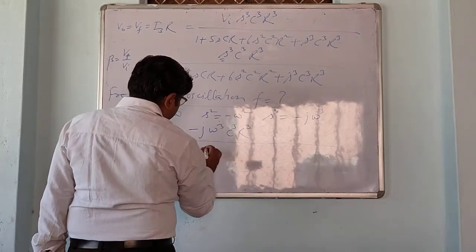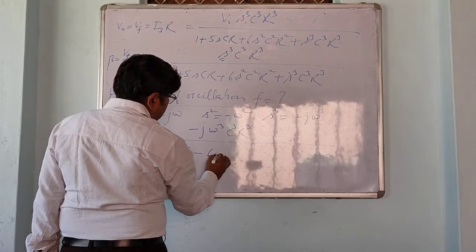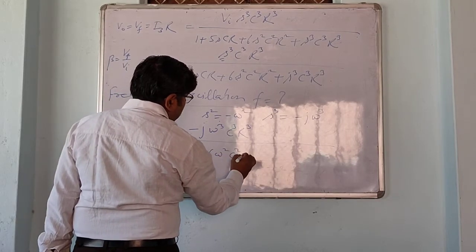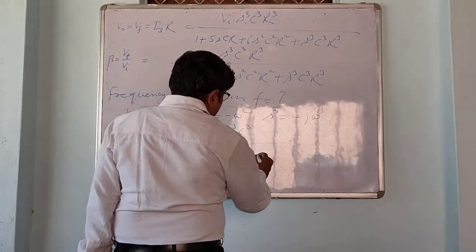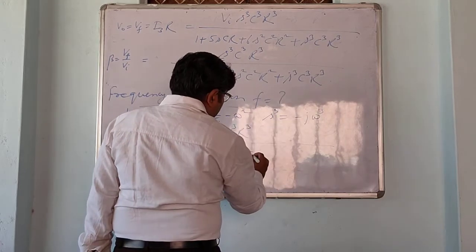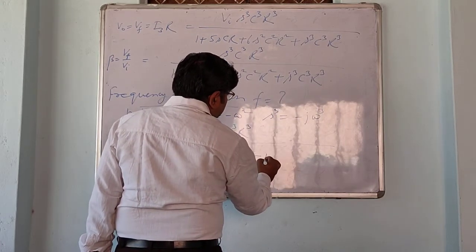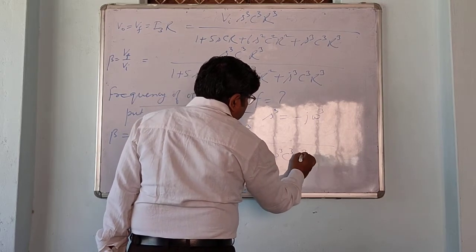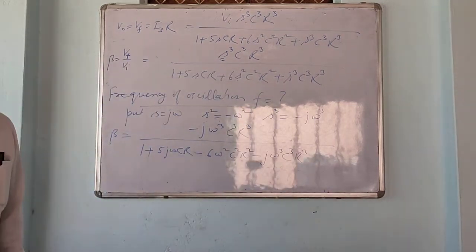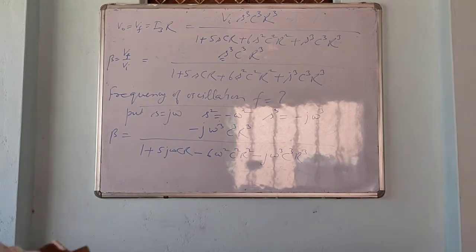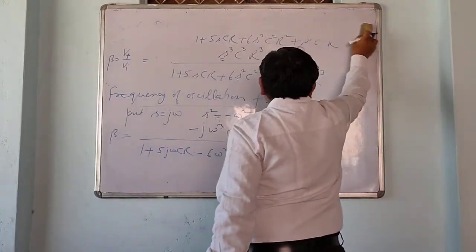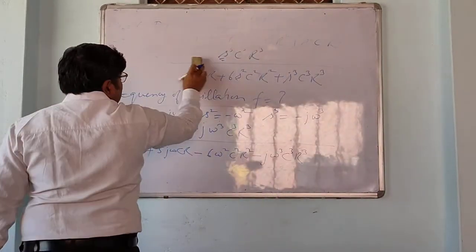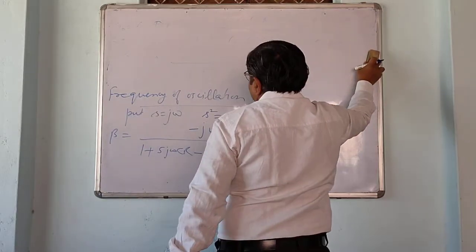This is the first term. This is minus 6 omega square C square R square, plus, at the place of this, you will get minus j omega cube C cube R cube. And from here we have to proceed for the frequency of oscillation.